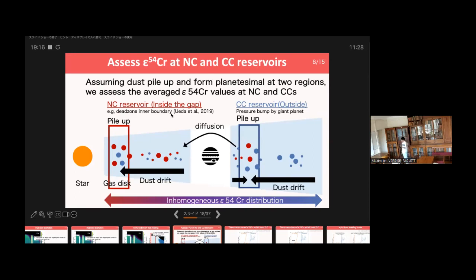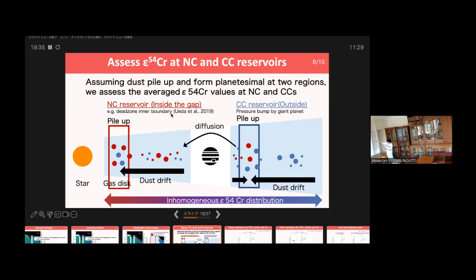So in this, I assume the dust aggregates pile up into planetesimals at two regions. There we assess the epsilon chromium value at the MC and CC reservoirs.